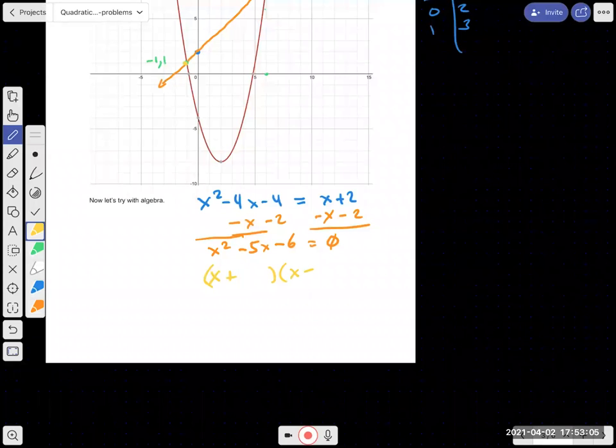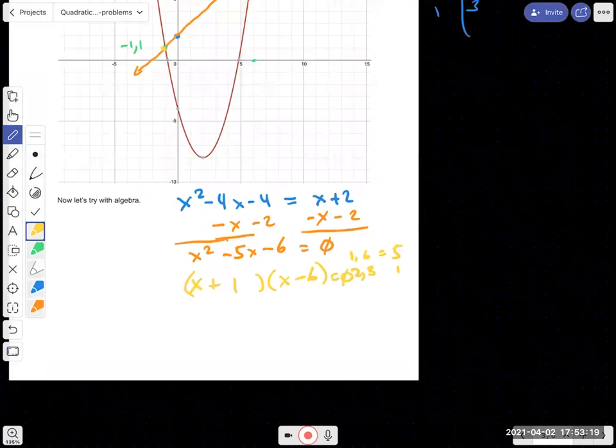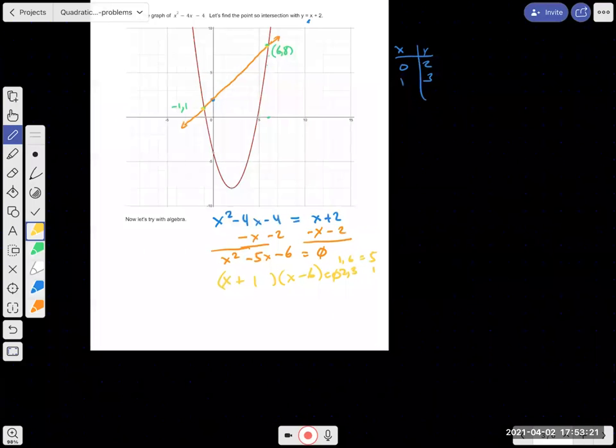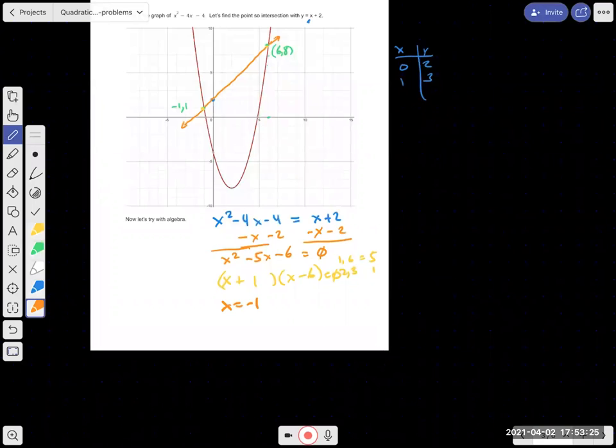And in order to get a difference, I can do either 1 and 6, they have a difference of 5, 2 and 3 have a difference of 1. So it looks like it's 1 and 6, and it's negative, so it looks like it's x minus 6 and x plus 1 equals 0. So even though I don't even know why this would work, I find that I get then x equals minus 1 or x equals 6, which is exactly what we had.